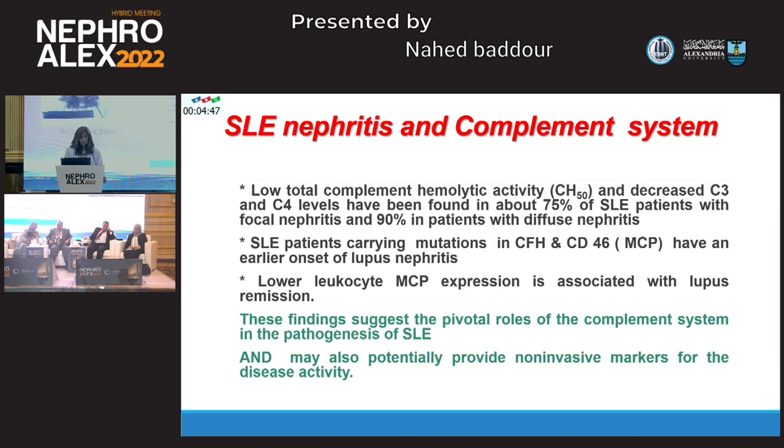So low total complement hemolytic activity and decreased C3 and C4 levels have been found in about 75% of SLE patients with focal nephritis and 90% with diffuse nephritis. SLE patients who carry mutations in CFH and MCP have an earlier onset of lupus nephritis, and lower leukocyte MCP expression is associated with lupus remissions.